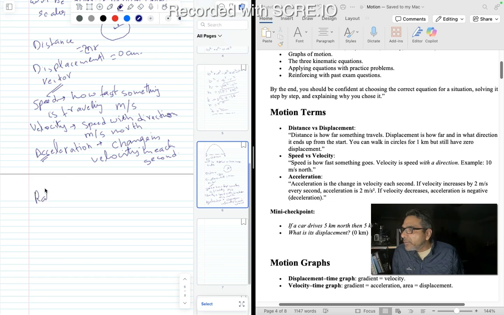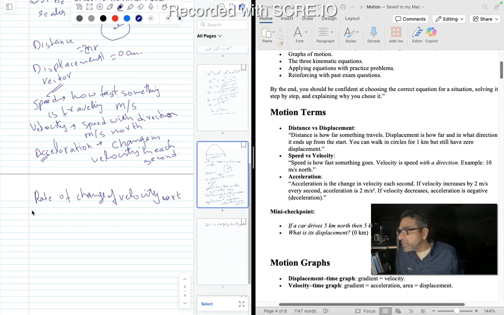rate of change of velocity with respect to time.